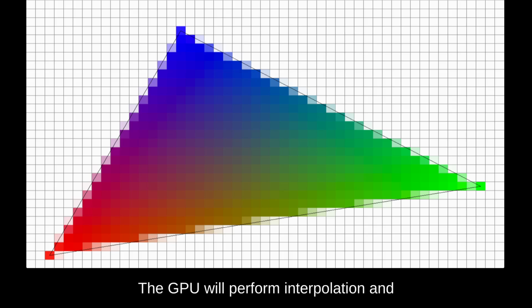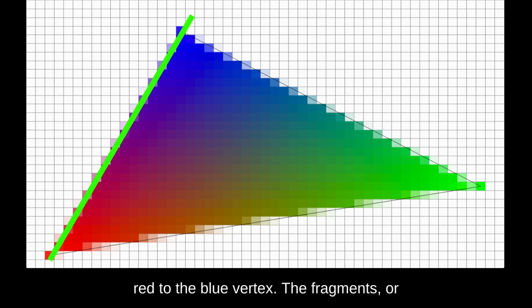The GPU will perform interpolation and rasterization to get all the colors in between these points in this triangle in discrete steps. I'll explain what each of these terms means now. Interpolation is easiest to first understand if we look at the edges of the triangle instead of the center area. Look at this line from the red to the blue vertex.